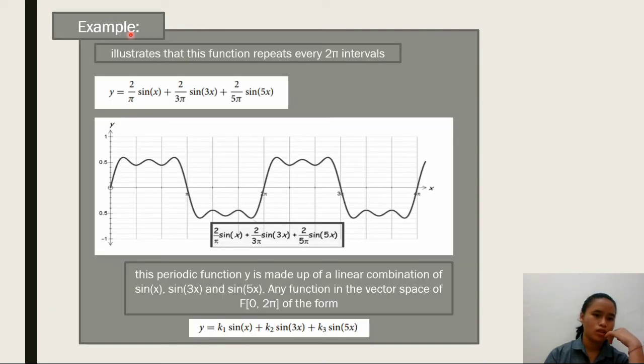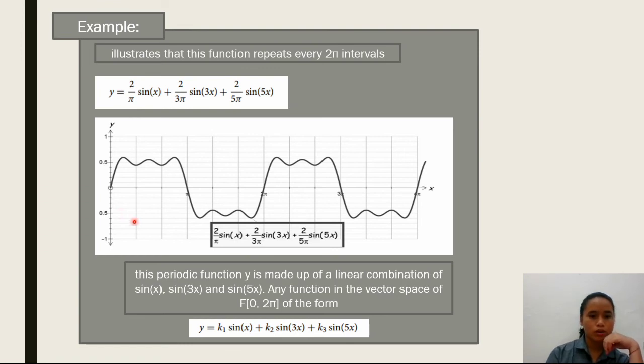For example, this illustrates a function that repeats every 2π interval. This is an application in the Cartesian coordinates.